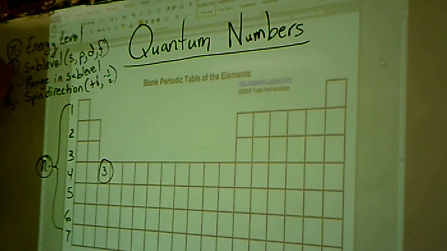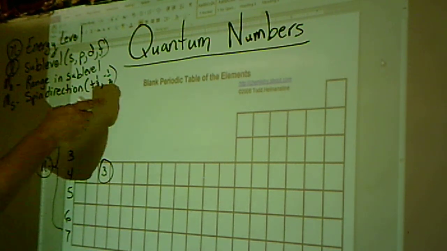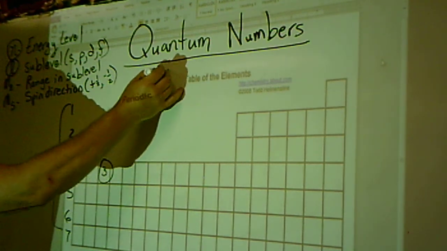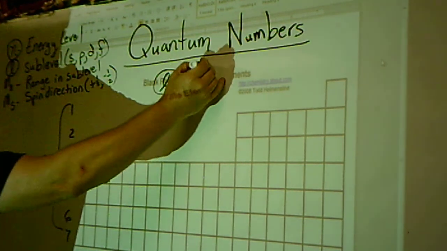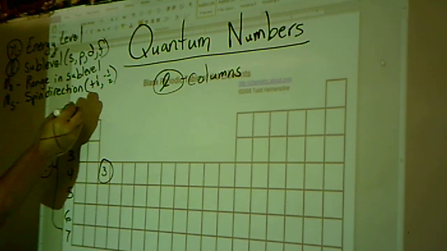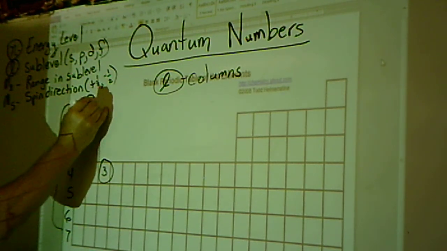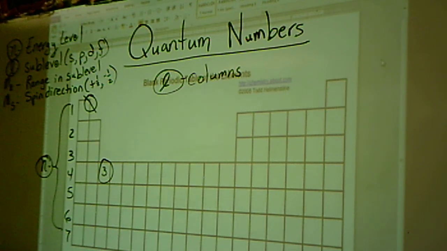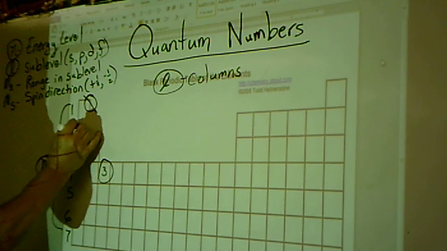Now if we're going to go according to our numbers here, these are going to be my L's across the top. These are my columns. If I'm going to do the S, that actually starts out with a 0. So these are my S's.